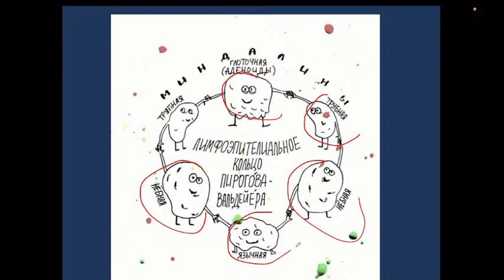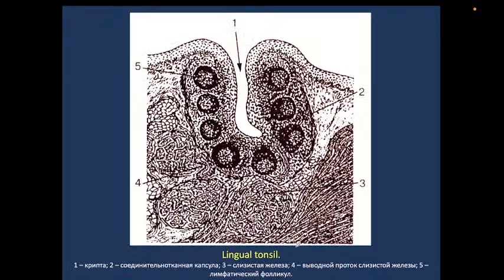Of course, they don't have hands at all, but they work together as a ring and defend us from bacteria. This is a picture of the histological structure of lingual tonsils.